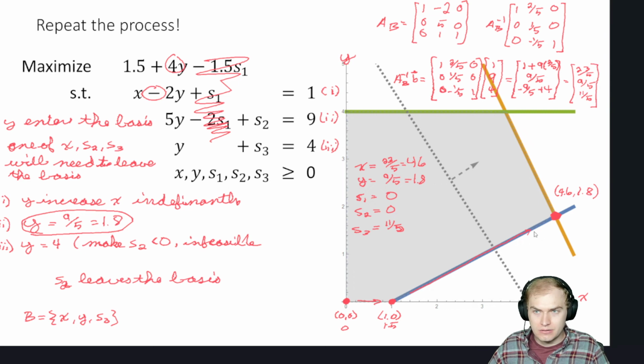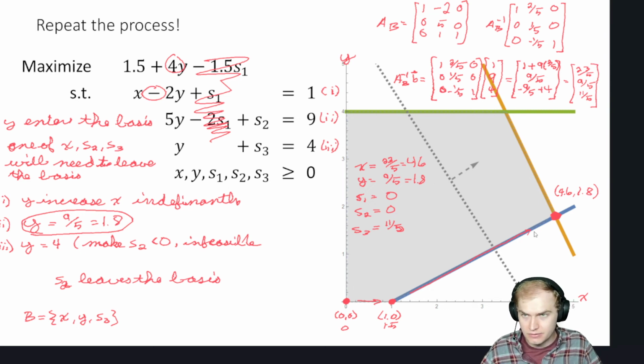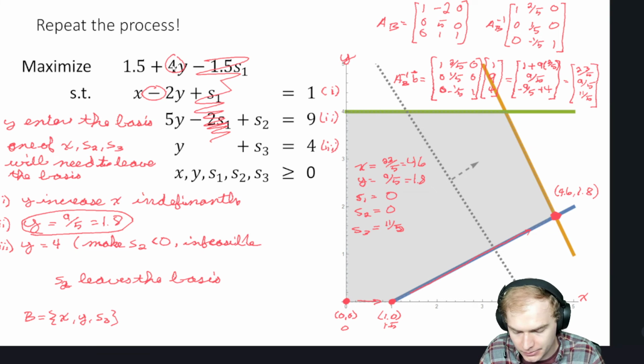And perhaps the best part is that we don't need to bother plugging this into the objective. We can just plug in our increase in y into our objective.